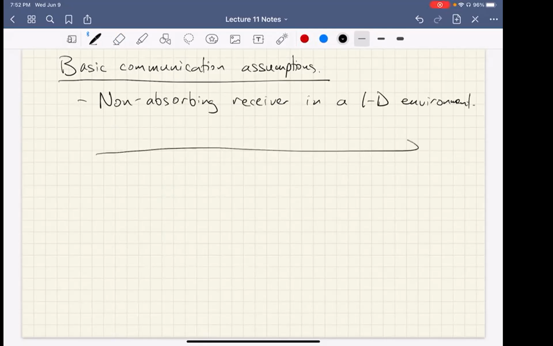So here's your 1D environment. It's going to be infinite in both directions. With the absorbing receiver, there was a point at which the receiver existed, and nothing could progress beyond that point, because if it arrived at that point, it was absorbed. Here, my receiver, script R, the region of the receiver, is going to go from A to B, like so, where A is greater than B.